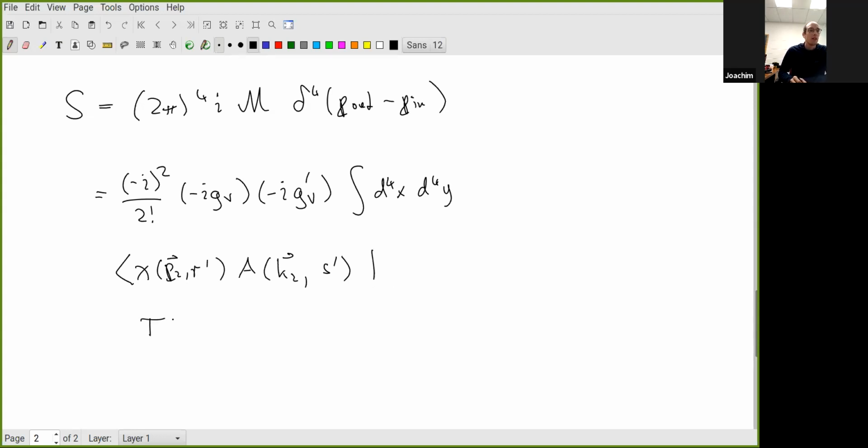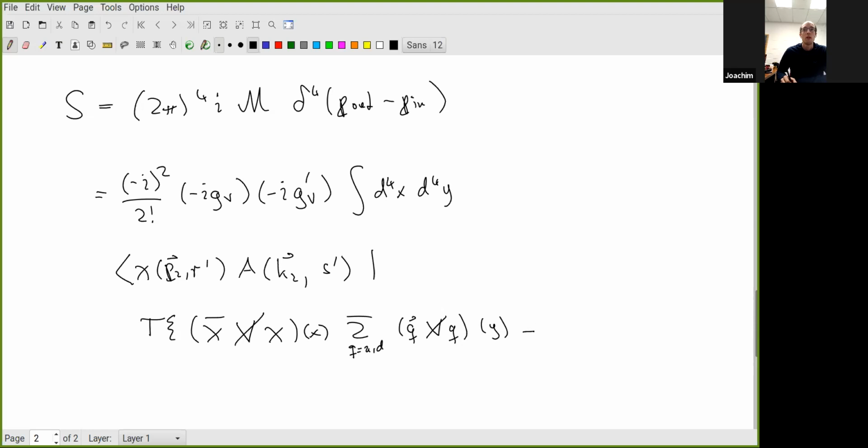Okay, then the interaction is given by the time-ordered product of these two currents connected by the gauge boson. So that's chi bar gamma slash chi at x, and then the hadronic current, which is q bar gamma slash q at y, plus x and y exchanged.